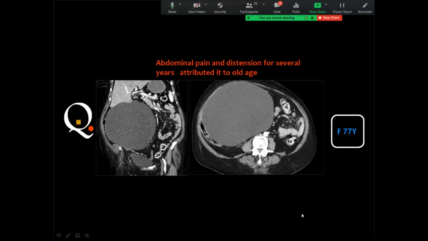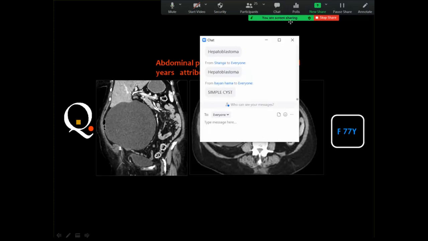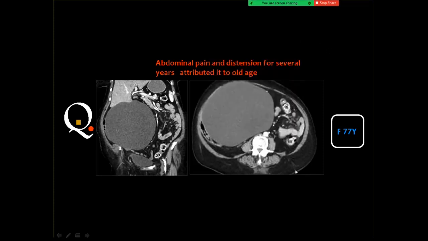This is a female patient, 77 years old, with abdominal pain and distension for several years, and this was attributed to her old age. Yes, and this is a good answer.